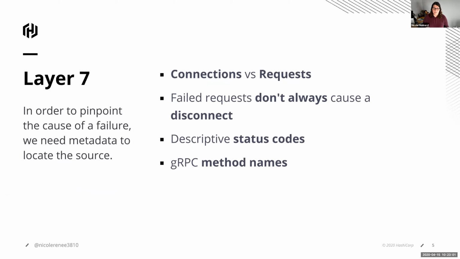That helps speed things up and reduces the requirement to re-authenticate and ensure that the intention is there to allow those services to talk. Failed requests don't always cause a disconnect, so that proxy could leave that connection open. Sometimes a failure could be the service died and that connection gets terminated. It's also really helpful to be able to see the status codes as well as gRPC method names. We'll show how all of that data is available in the trace.